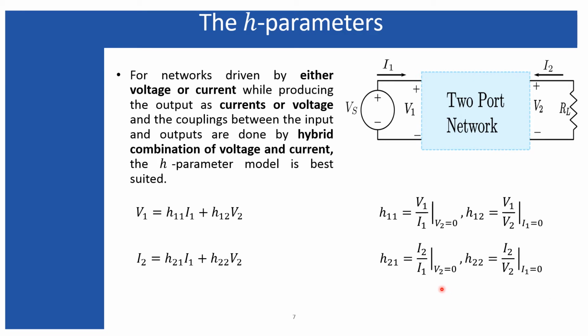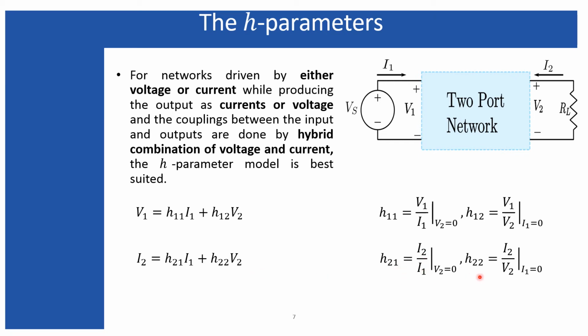Similar to that, if you make V2 equal to 0 for the second equation, H21 represents the ratio of the output current to the input current. That means this H21 is also unitless, similar to the H12, but in this case it represents the ratio of the two currents. So basically it is the factor by which the output current gets produced when there is an input current.